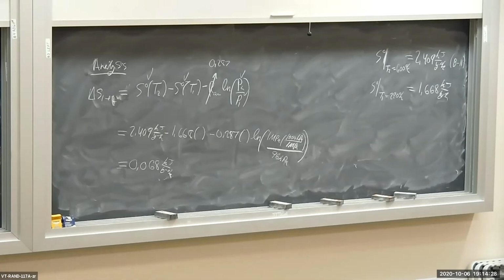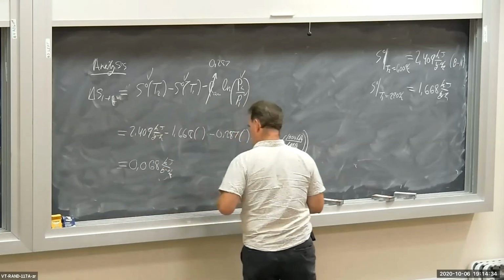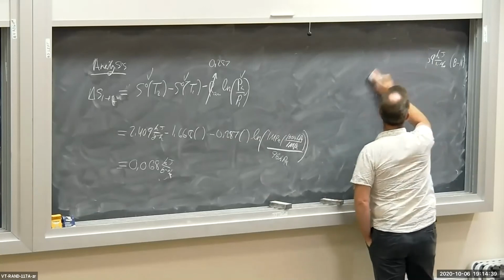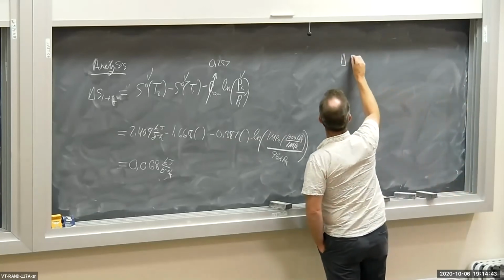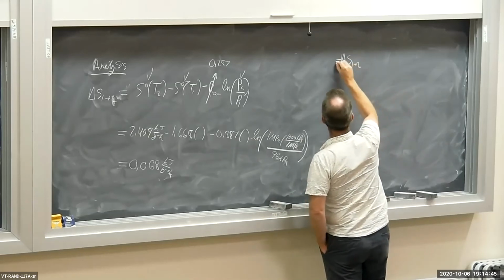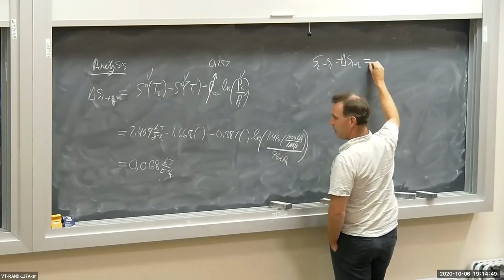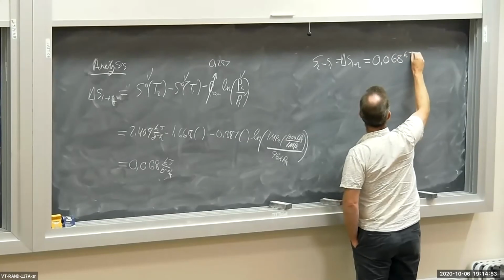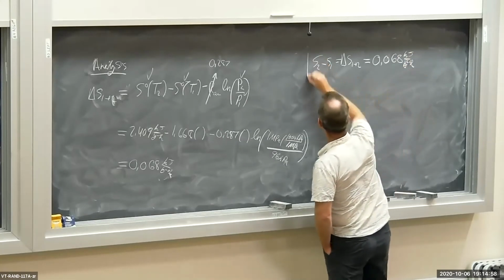So the change in specific entropy from the inlet to the outlet of our air compressor, delta S1 to 2, which is S2 minus S1, is equal to 0.068 kilojoules per kilogram degree Kelvin, okay?